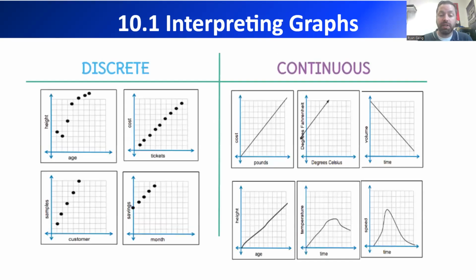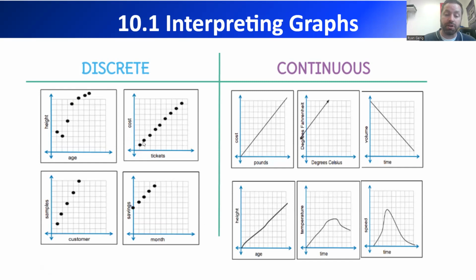So graphs can be discrete or continuous. We're used to pretty continuous graphs, but there is a difference. And this first one, the discrete graphs, if you look at those, it's like the cost and the tickets. What that means is that the information between the 2 points doesn't make any sense. So one ticket may cost $5, 2 tickets, $10, but you can't have 1.5 tickets.